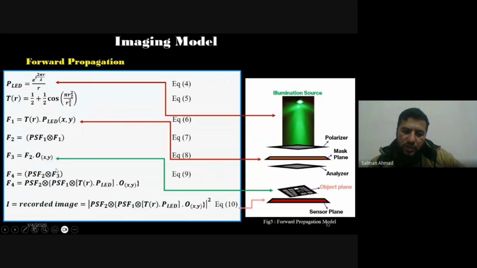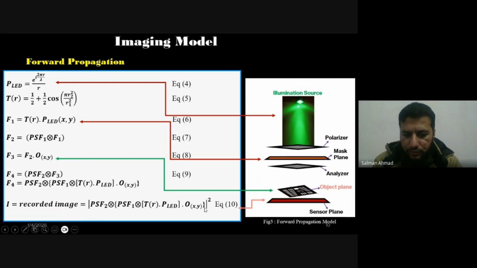When convolved, they take the whole information, and the f4 function comes there, in which we have the PSF2 multiplied by f3, which holds the PSF1 convolved with f1, which is the LED and the object. So the whole information is combined in f4. Then we record f4 at the sensor plane by recording its intensity.